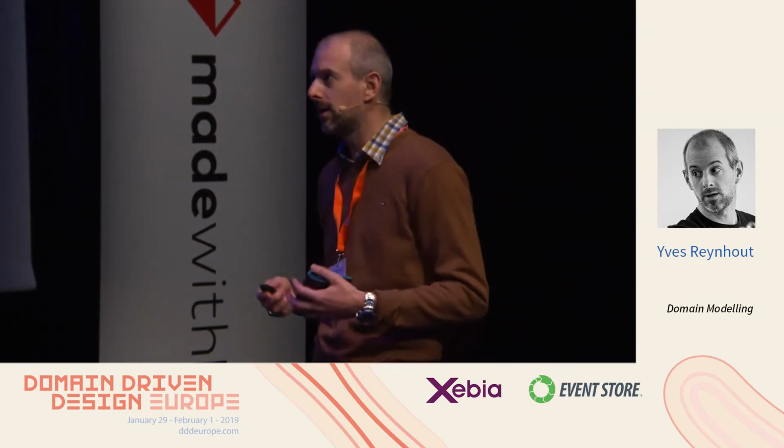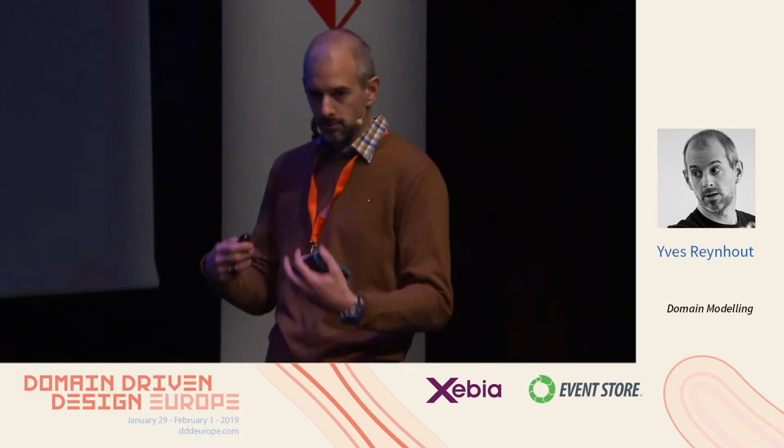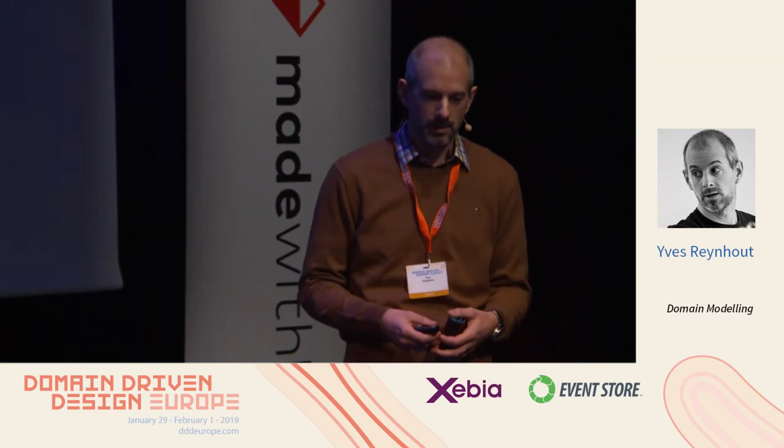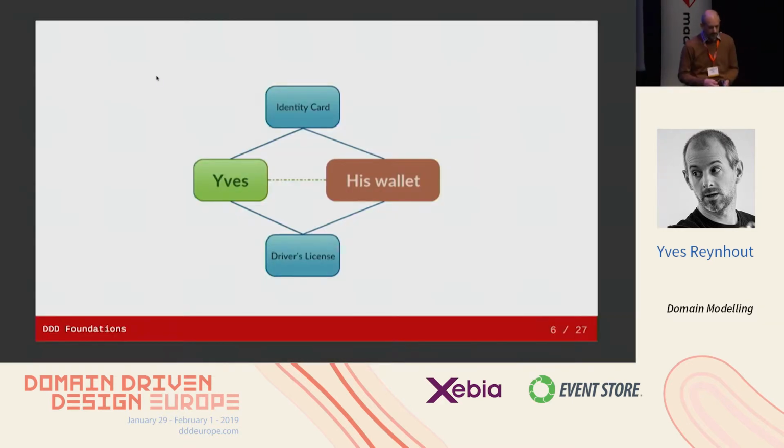The way I could come up with a very concrete model of that would be this. If there's an identity card with Yves' name on it, or a driver's license, and I find these things in his wallet, it must mean that that is his wallet. But what are an identity card and a driver's license? A lot of what we do in domain modeling is finding abstractions.